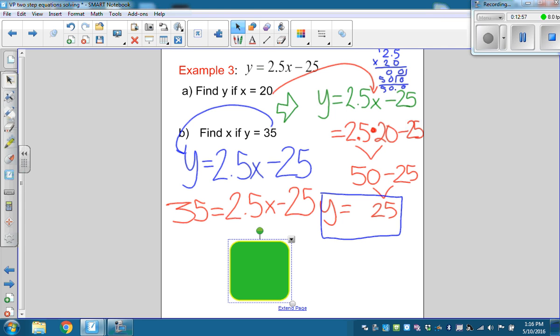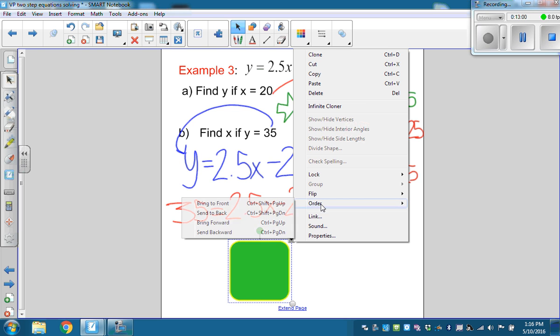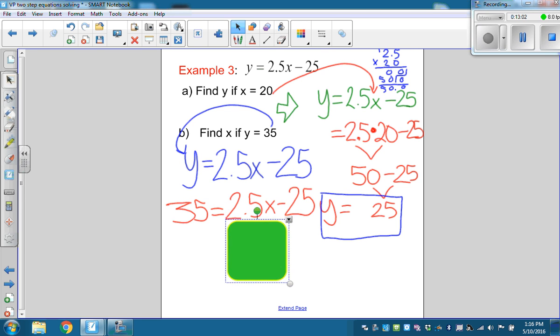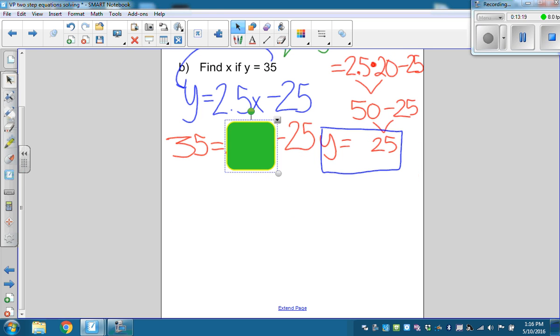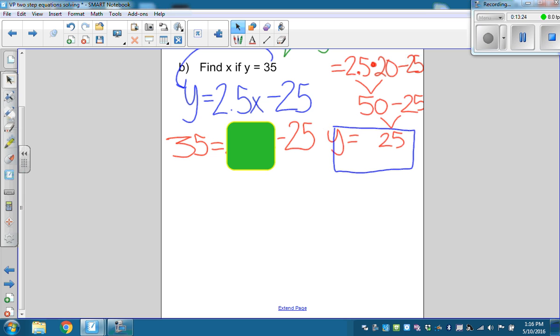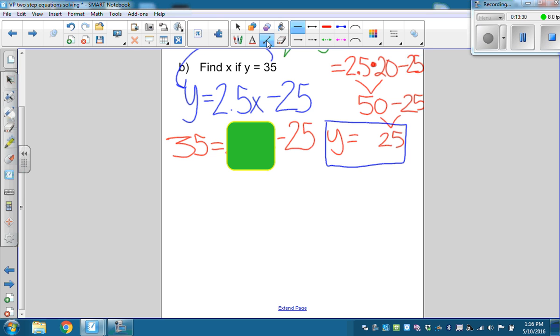So I have to figure out what number, take away 25, will give me 35. So to think about that a little bit, let me move a little bit of this over. Put a line down the middle here. Keep our work organized.